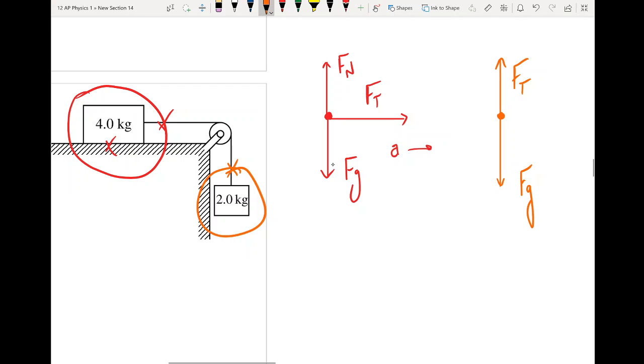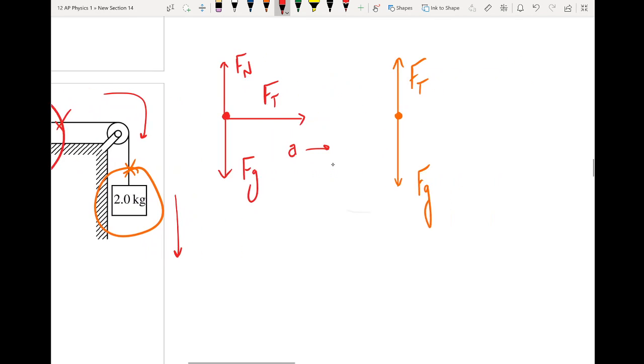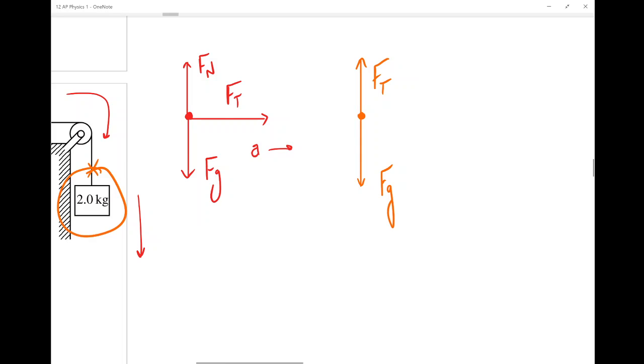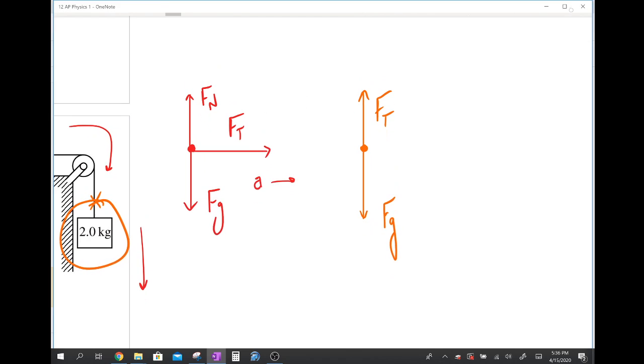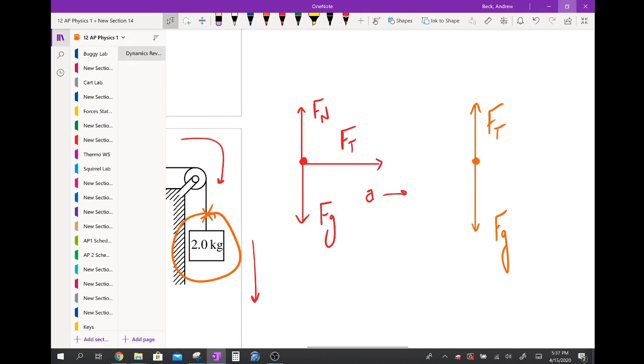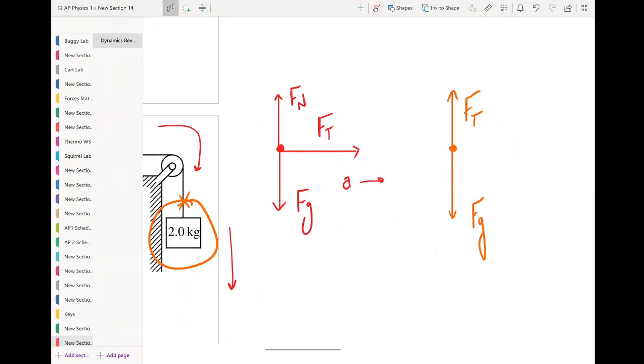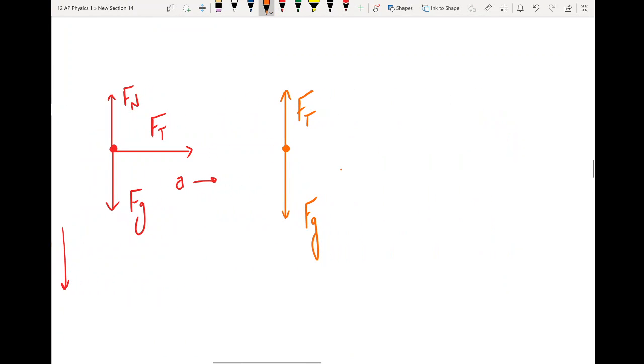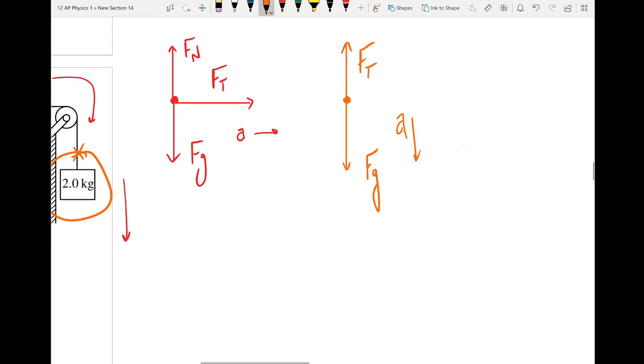If this block is accelerating to the right, it means our system is accelerating in that direction. The pulley just changes the direction. So we know that this 2 kilogram block is going to be accelerating downwards. I'm going to take a quick note of that because it's going to be important for us to remember and keep in mind when we're doing our setup.